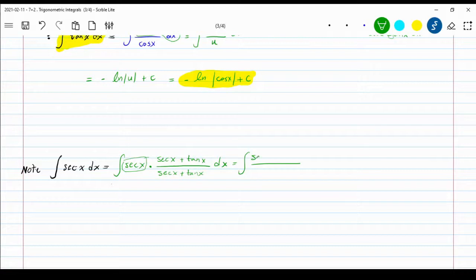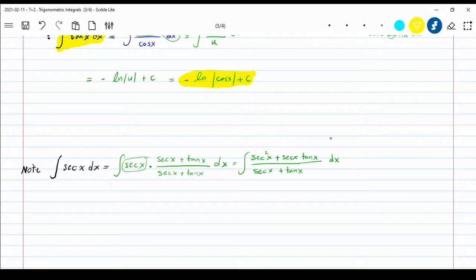Let's write this: secant squared x plus secant x tangent x, and the denominator is secant x plus tangent x, dx.